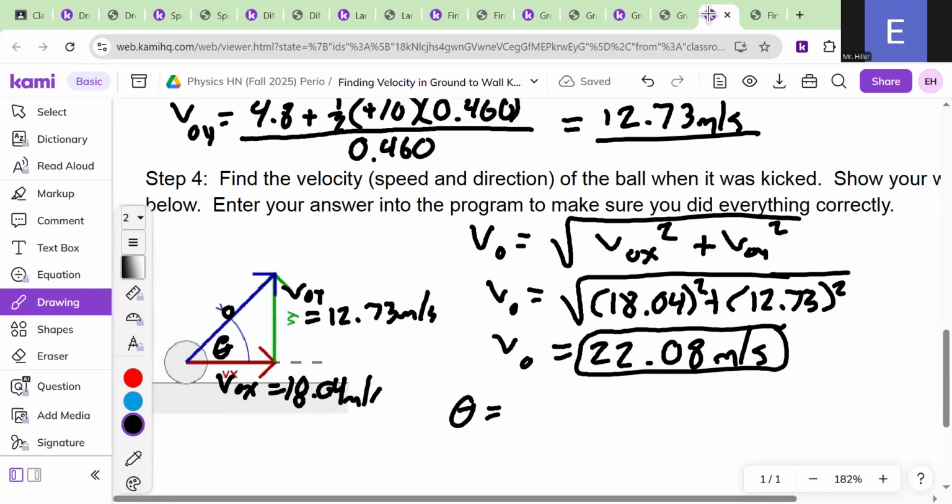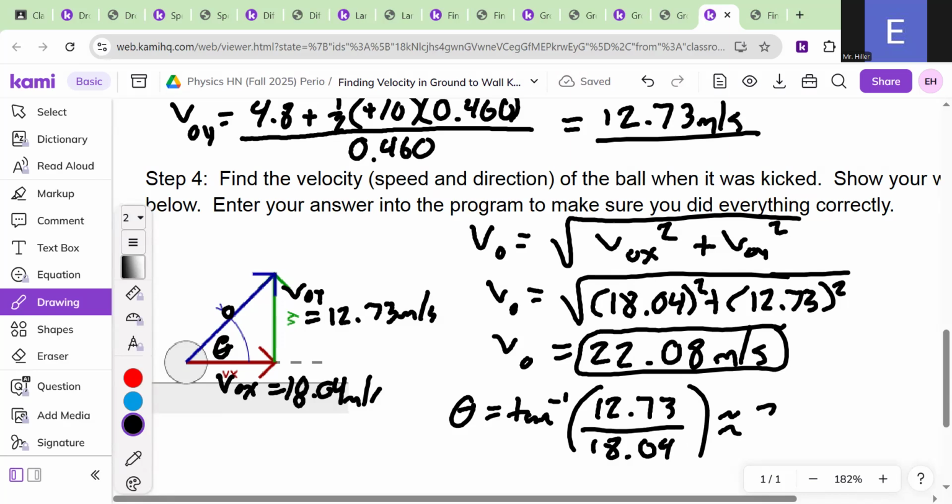The angle, just use the arctangent equation. Arctangent of my y component, which is 12.73, divided by my x component, my horizontal, 18.04. Arctan 12.73 divided by 18.04.